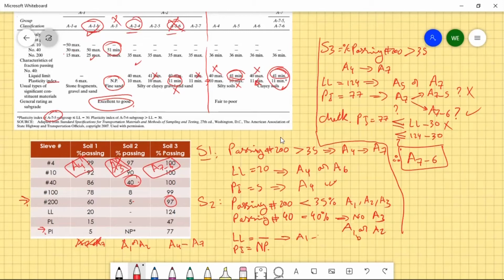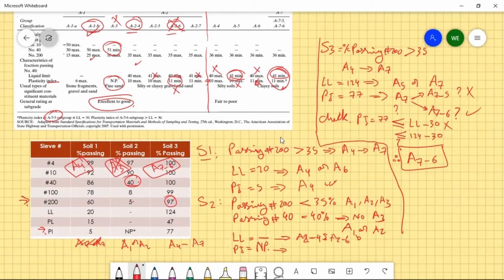So now it's either A2-4 or A2-6. Based on the plasticity index, for A2-6 the minimum is 11, I'm sorry.